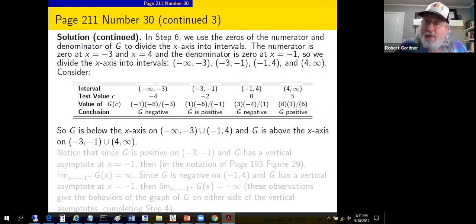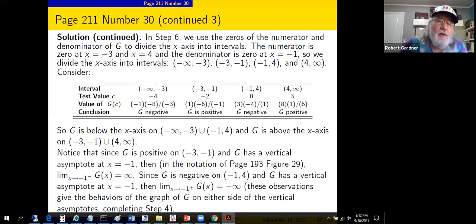This we're going to use to analyze the vertical asymptote. We had a vertical asymptote at -1. G is positive from -3 to -1. So to the left of -1, nearby at least, this function's positive.